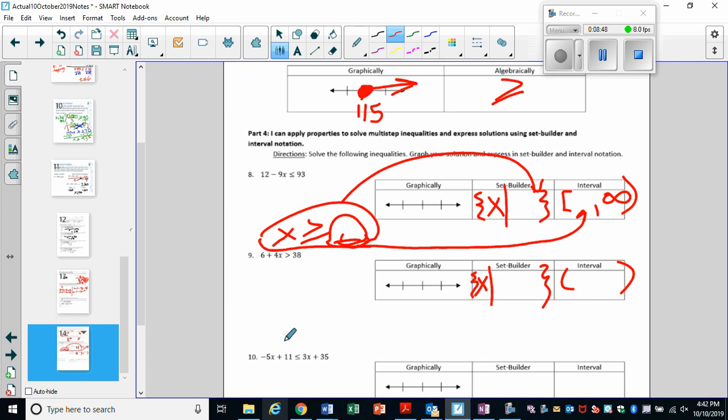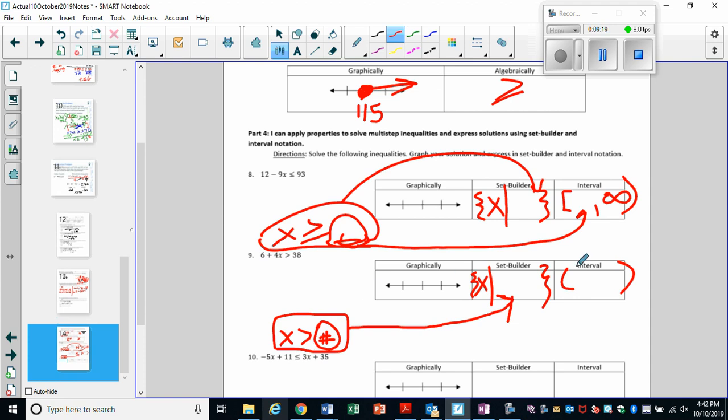And then whatever you get here, in this case there's no switch, x greater than whichever number. Whatever number that is, you also write in here.